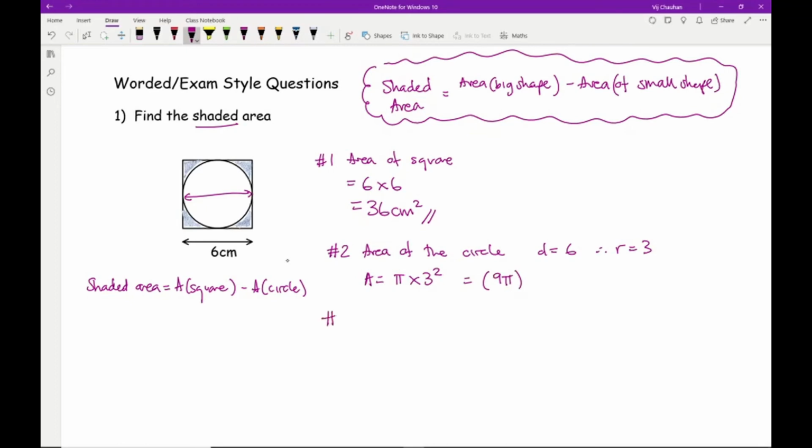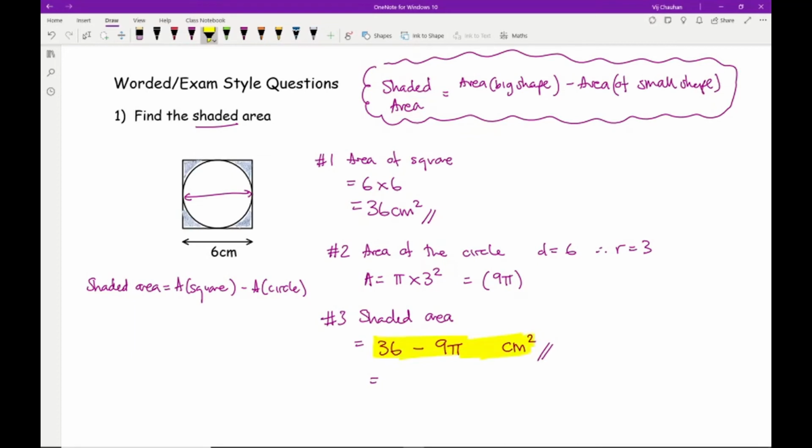So then the final step is that the shaded area is going to be equal to 36, which is the area of the square, minus 9 pi, which is the area of the circle. Now if the question asked me to leave it in terms of pi, then that would be my final answer.